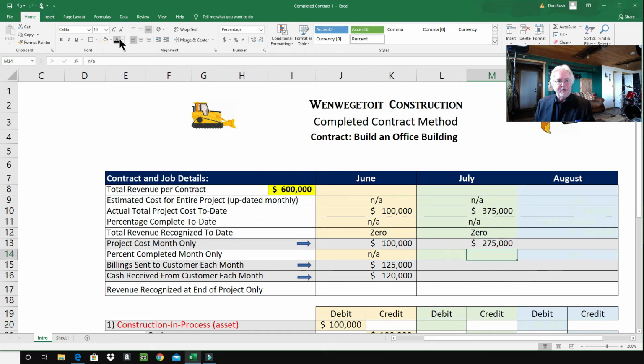We don't need to know that. Won't help us out. We're not doing the percentage of completion method. Billings sent to customers. Well, we have to find out, were bills sent to customers, and if so, how much? So $300,000 was sent to customers, and cash received from the customers during the month of July, $280,000.